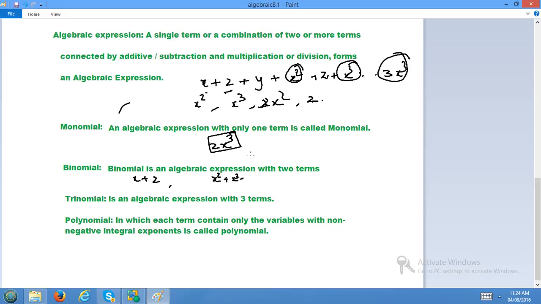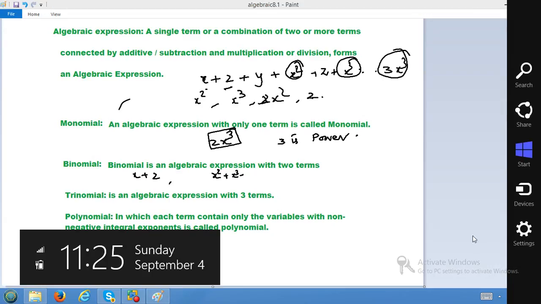About power we will come separately. But this entire thing is considered as one term. Binomial means two terms, trinomial means three. Tri means three, bi means two. Mono is just like monorail, just one. Then we will come to the definition of polynomial.